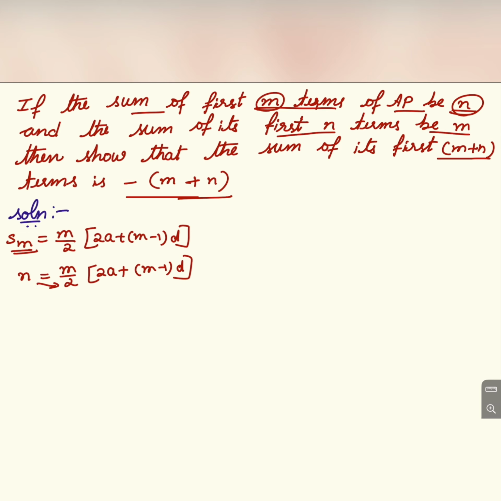Cross multiplying, we get 2n is equal to m into 2a plus m minus 1 into d. Now if we multiply m to both the terms, we get 2n is equal to 2am plus m into m minus 1 into d, and we can take this as equation 1.